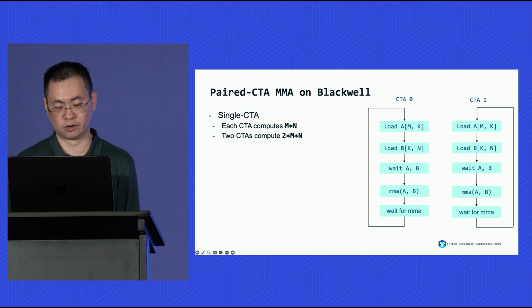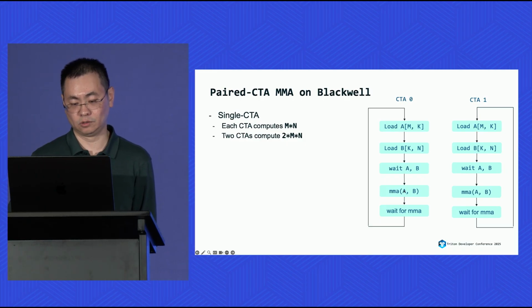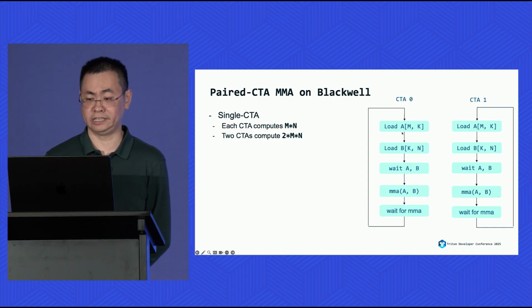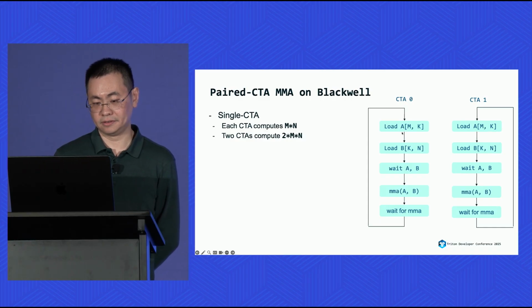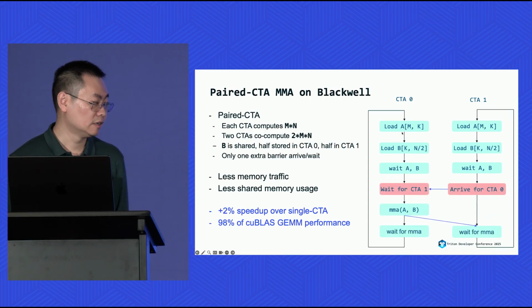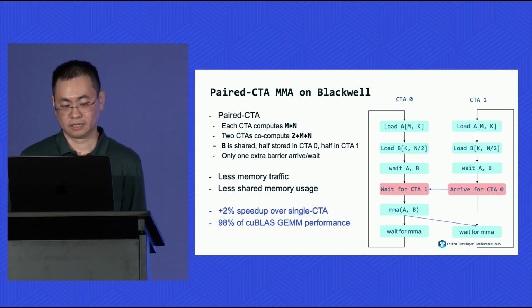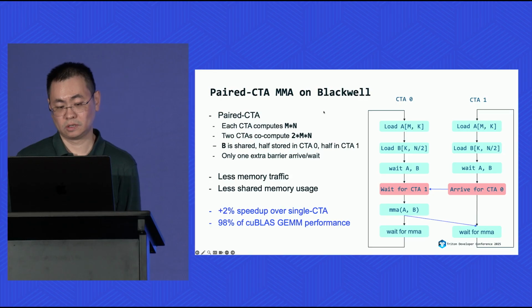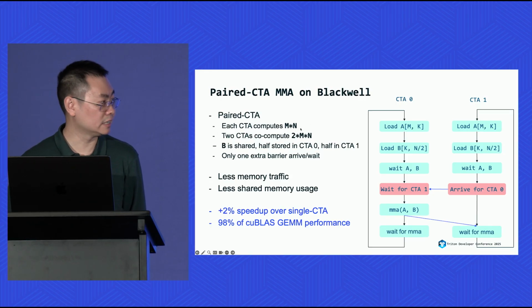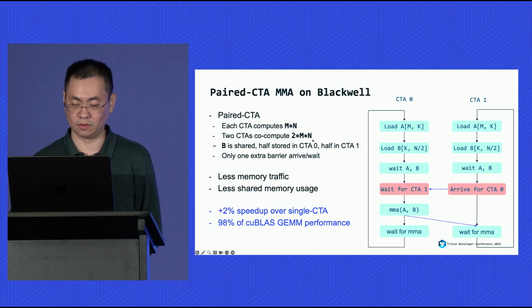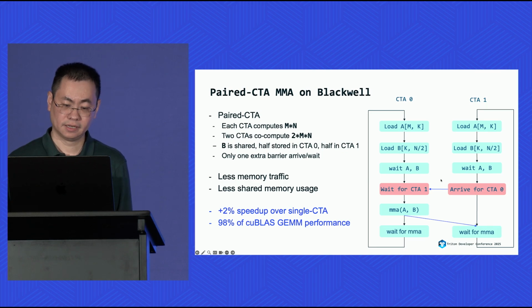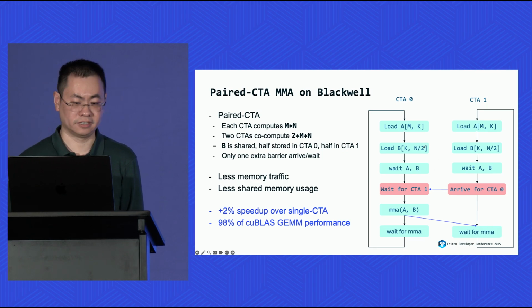So it works like loading data, doing MA, and releasing the buffer in an iterative way. And with two CTA in TLX, they don't differ too much, right? In two CTA mode, one CTA can still compute an M by N tile, and two CTAs still compute a 2 by M by N tile. But what's different here is the B tile is shared across CTAs.